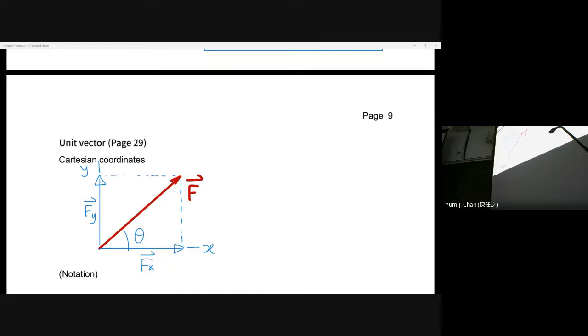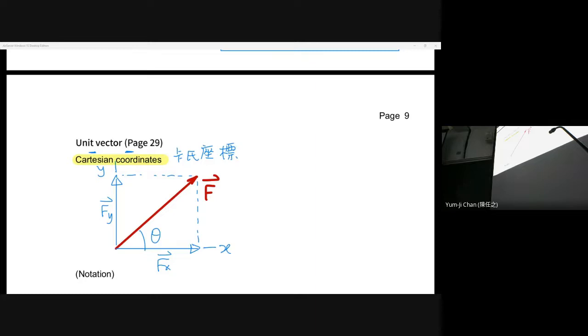I assume you have done this before, but let's have a revision and look at it again. And this one is Cartesian coordinates, okay?